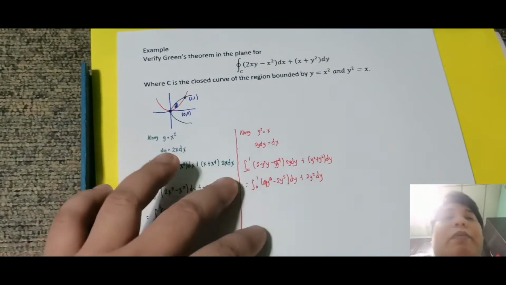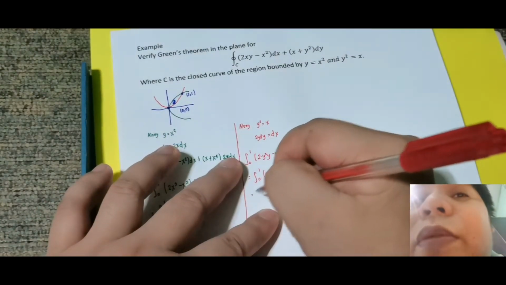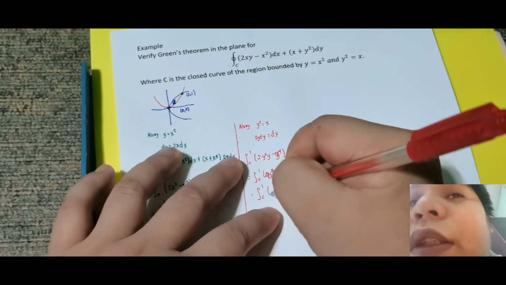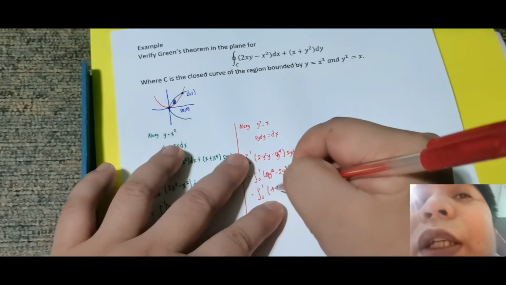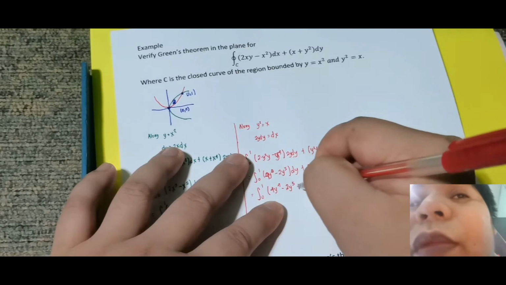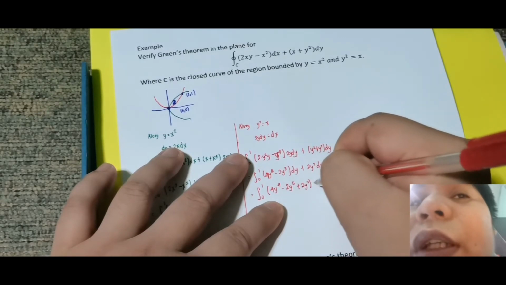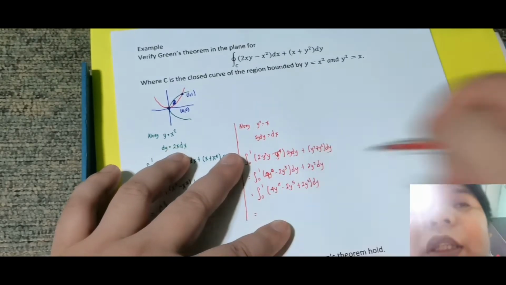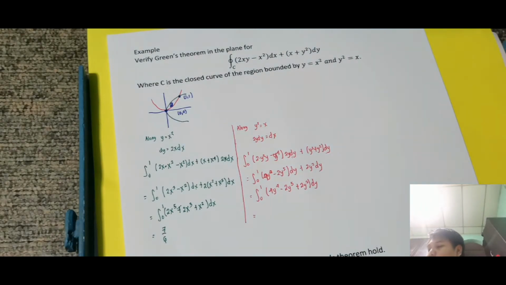Then let's simplify further. This is the integral from 0 to 1 of 4y to the fourth minus 2y to the fifth plus 2y squared dy. When integrated, just integrate for a moment.